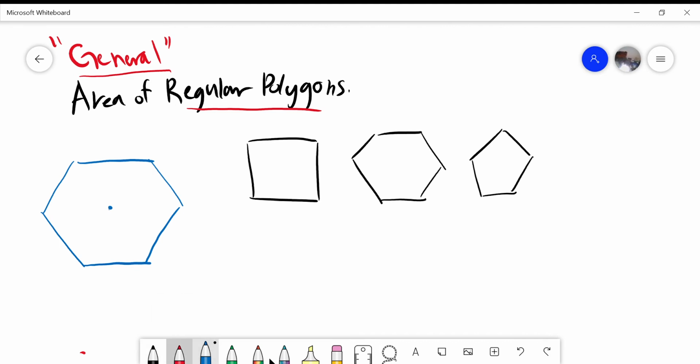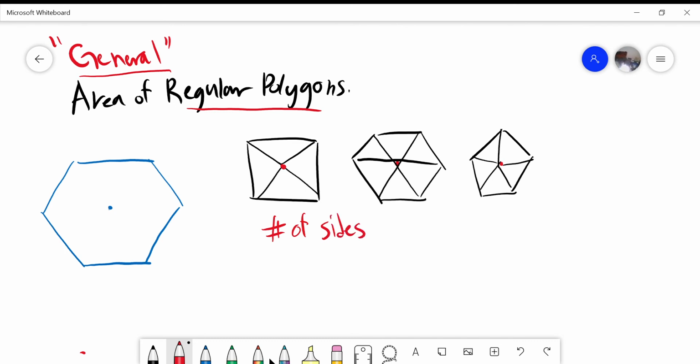But the main observation we want to make is that when we take the center of each of these and draw triangles outwards from here, we can see that the number of sides is in fact equal to the number of triangles, right?